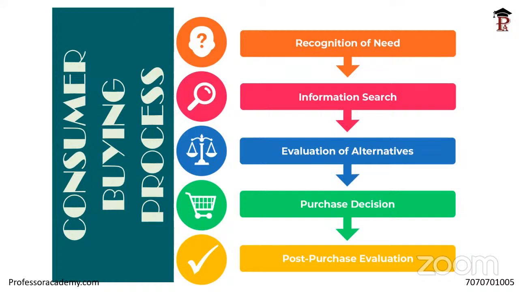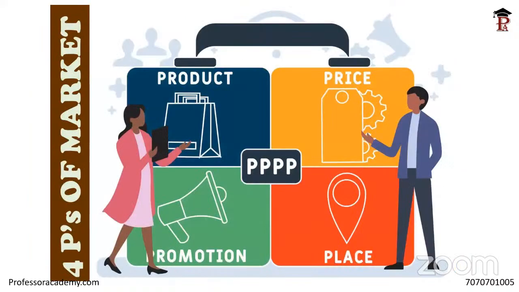Okay, then we have the 4 P's of marketing, very important. The first one is product, then we have price, then promotion, and the last one is place. So these are the 4 P's.